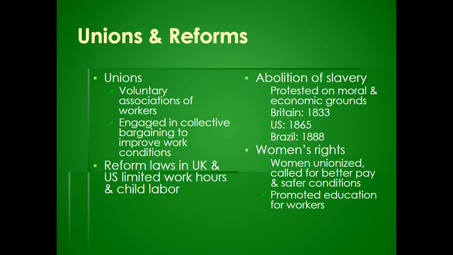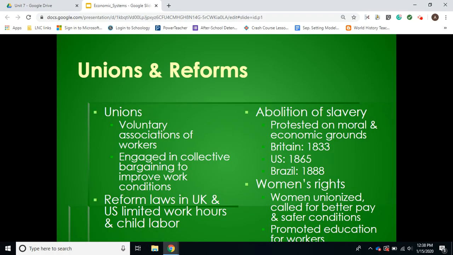So if you are injured on the job, that could possibly lose you your job, and there is no protection, no compensation for you until certain reforms are put in place to protect the worker, thanks to unions, thanks to new laws being passed, and also the promotion of education for workers and for females as well. So these reforms are what keeps capitalism afloat, and it also prevents communism from really taking place and being effective, is what I'm trying to say.